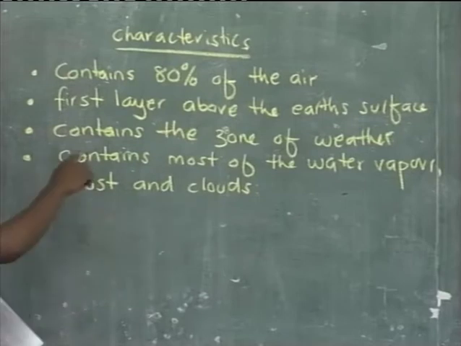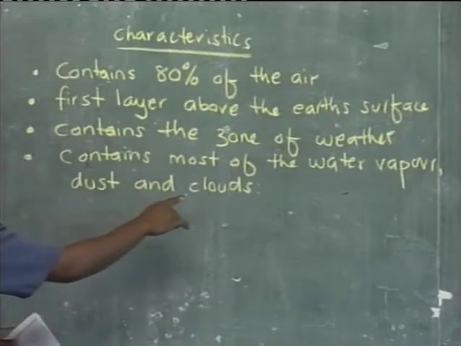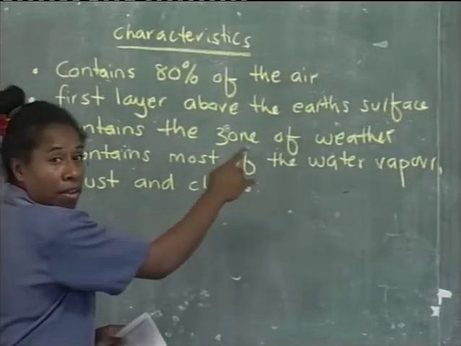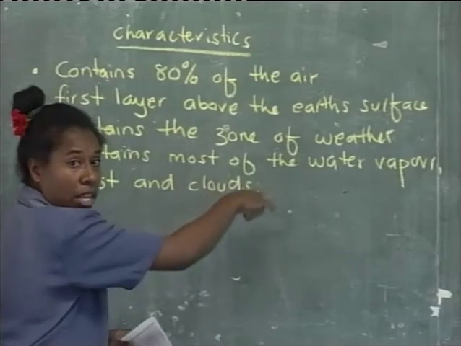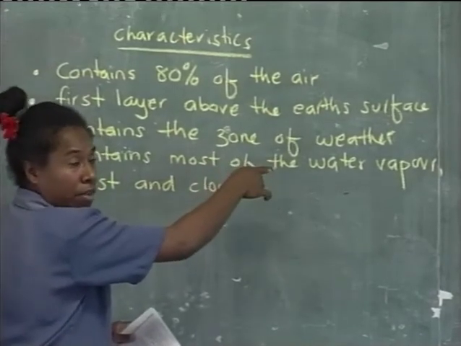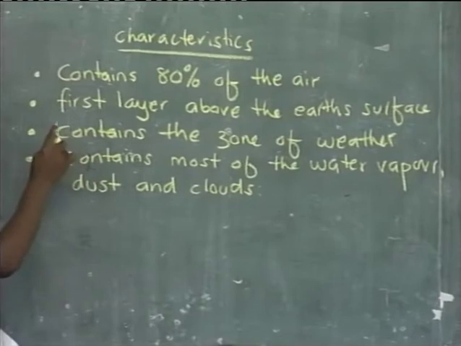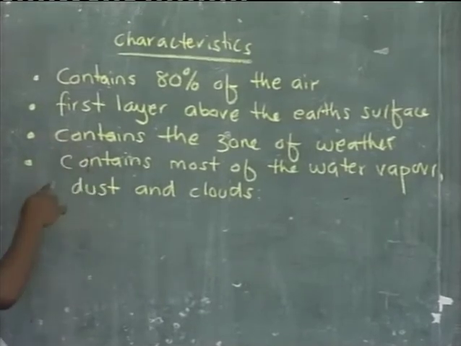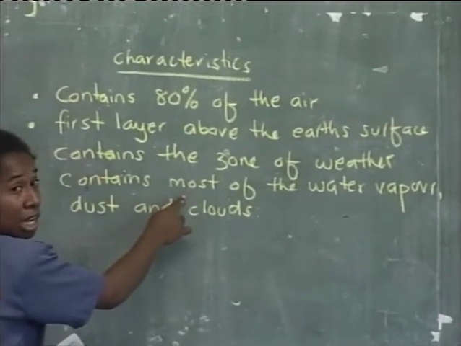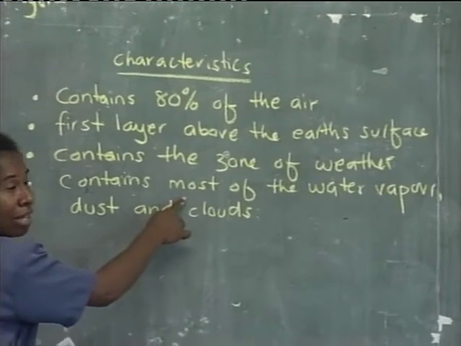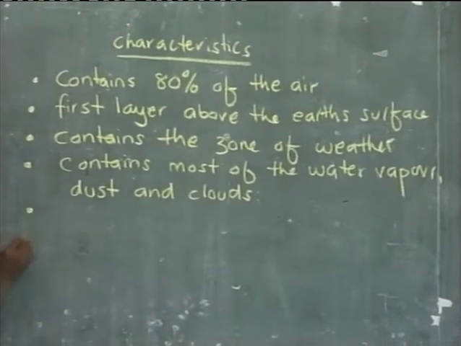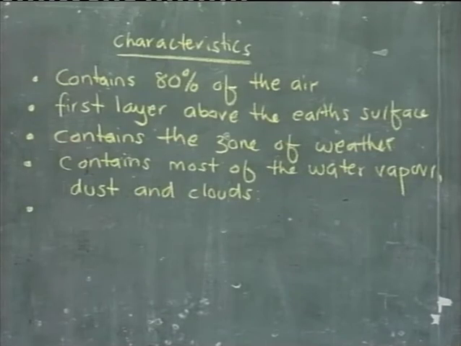We're looking at the zone of weather, and the zone of weather will also include water vapor and clouds. They all come together with the weather. So by saying the zone of weather, it is also proven with this particular statement given for the characteristic. Any other characteristics of the troposphere?